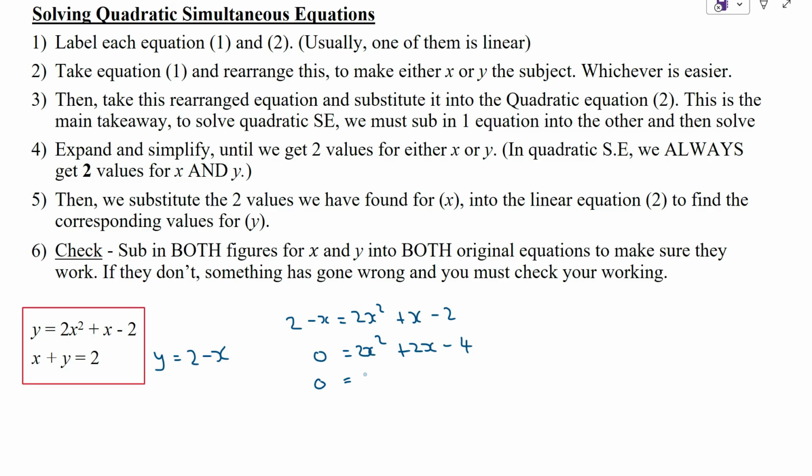So I'm going to go ahead and divide by 2, just to make it a bit easier to factorize. So we've got plus 2 minus 1. So now our two values for x are minus 2 and plus 1.